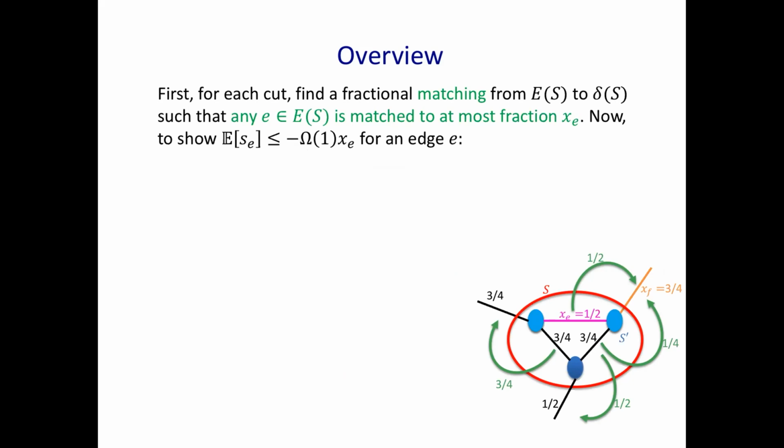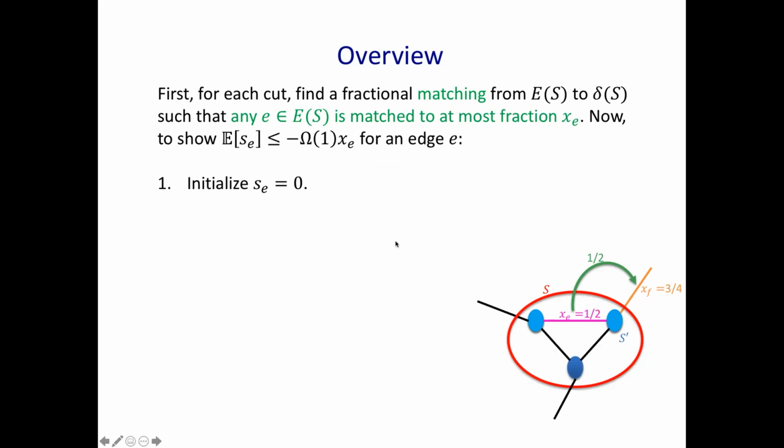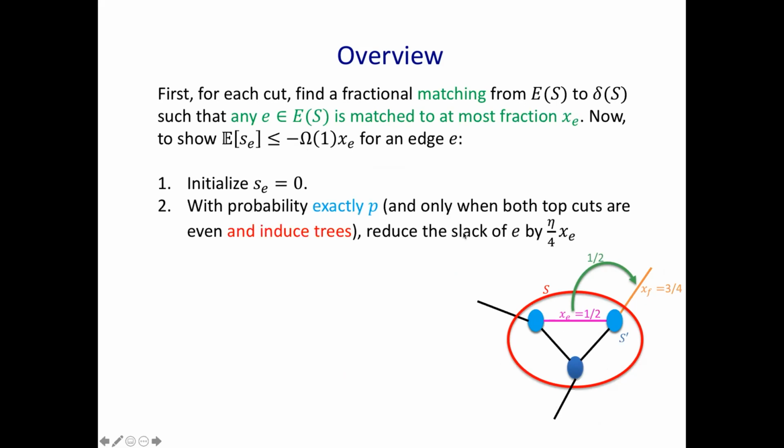And given this, we can show that the expected slack of an edge is negative in the following way. So first, we start with all slack at 0. Then we decrease SE by XE times eta over 4 if its top two cuts induce trees and are even. And we'll do this with probability exactly P, where P is the lower bound on the probability of this event across all edges.